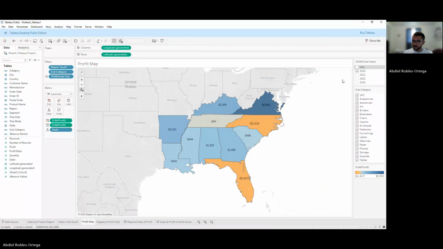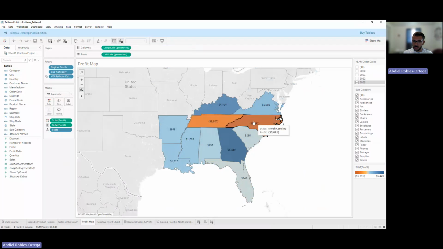If we continue on, we can see which states have seen negative and positive profits in 2022. These aren't as bad as the previous years. If we look at 2023, wow, we can see how North Carolina and Tennessee have plummeted in sales.